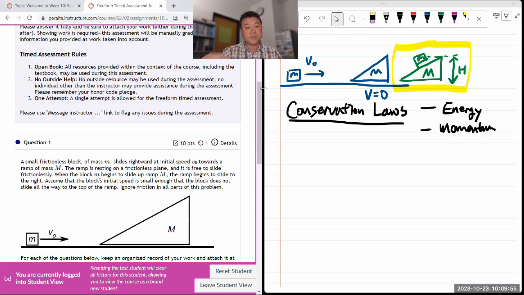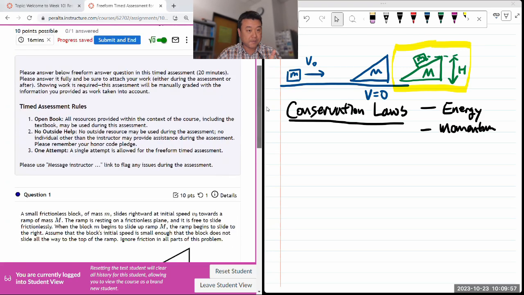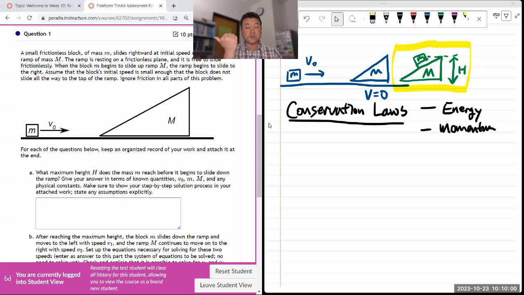In the vertical direction, maybe they won't be conserved. But in the horizontal direction, there's no net external force, so the momentum should be conserved in the horizontal direction. And energy, especially with the frictionless surfaces, I think energy is also going to be conserved. So I am probably going to use energy conservation at some point.